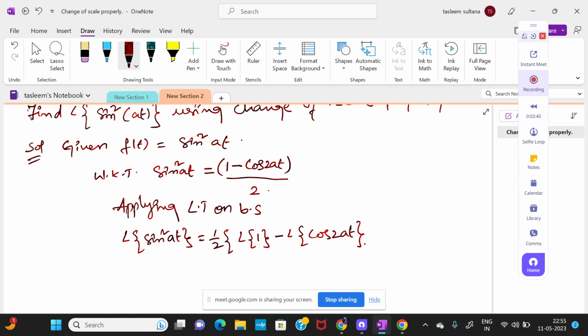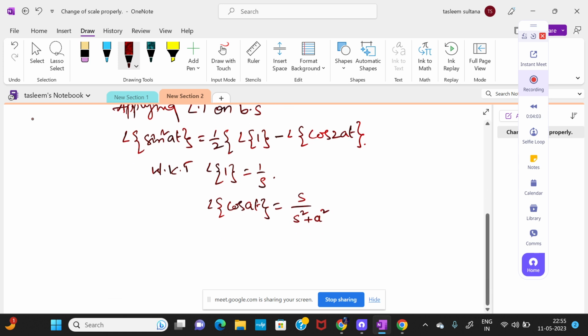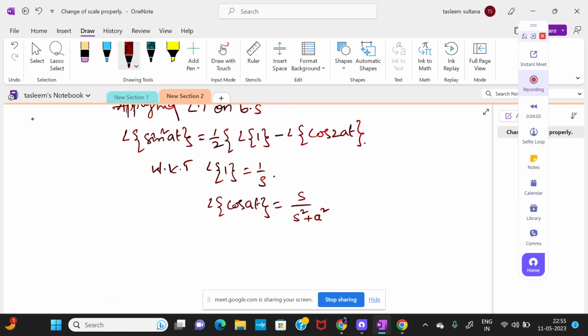Now we know that L of 1 is equal to 1 by s, and L of cos at is equal to s divided by s square plus a square. Now you are going to drop 2a and just consider that t. So first we will solve that one. We will make this equation number 1. Later we will substitute all the values.